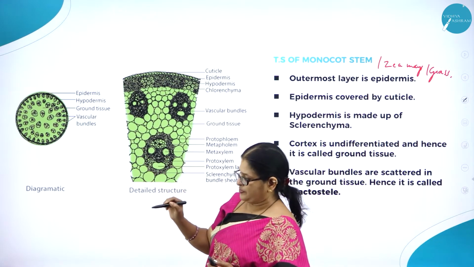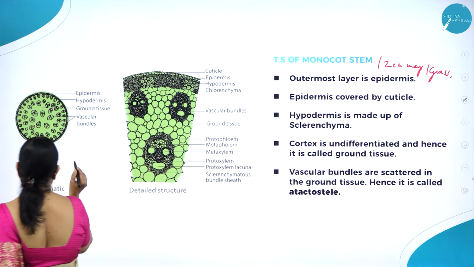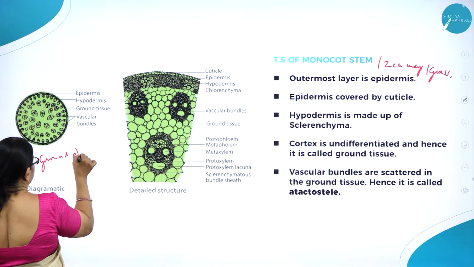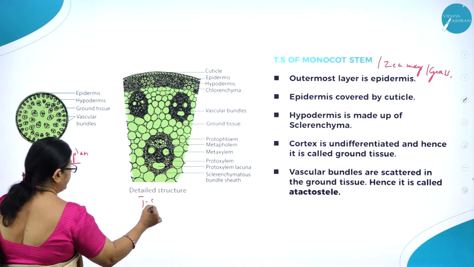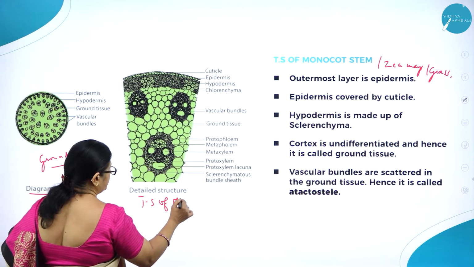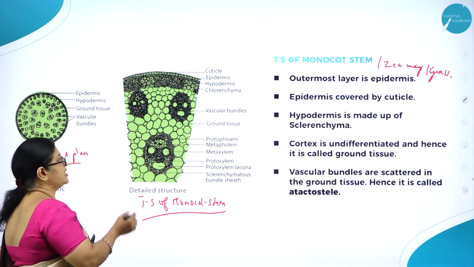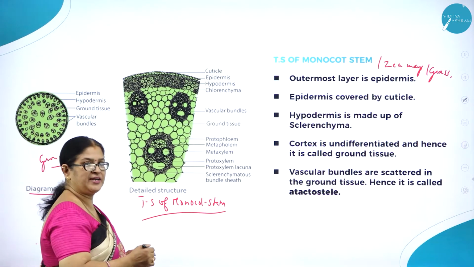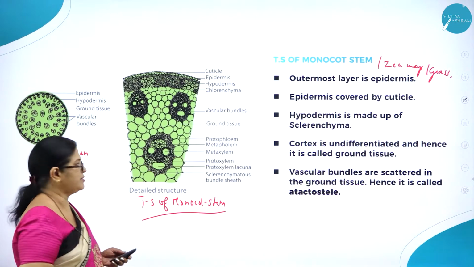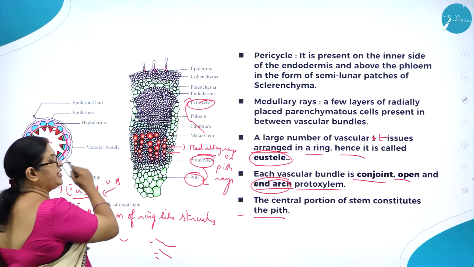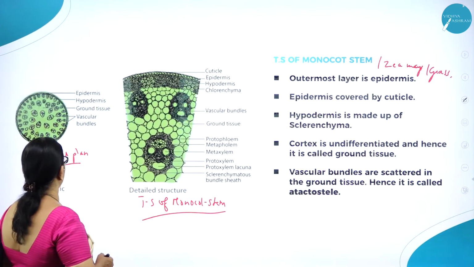Here you can see this is called the ground plan, and this is the TS of monocot stem. How does it look? See how different it is from that of the dicot stem. I think we can just go through this. See how it looks. So this is totally different from that of a dicot stem.